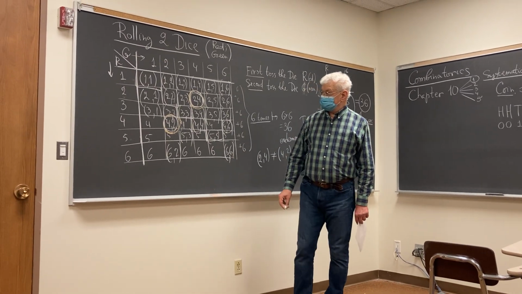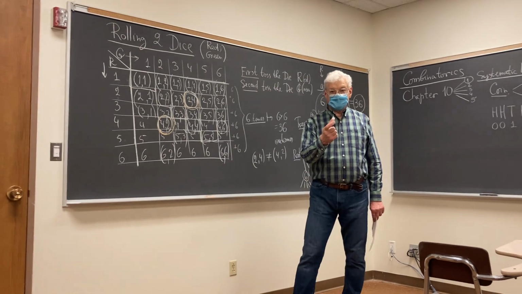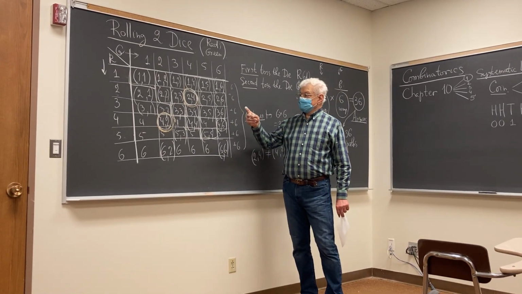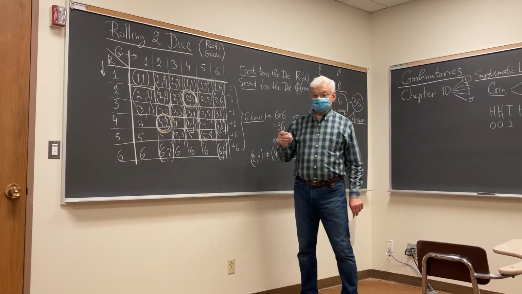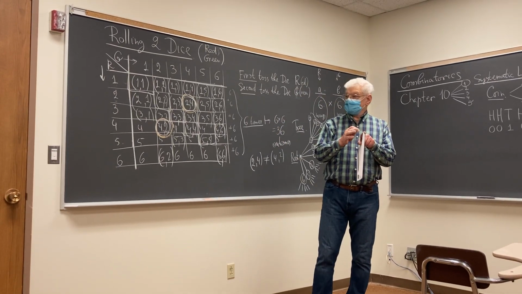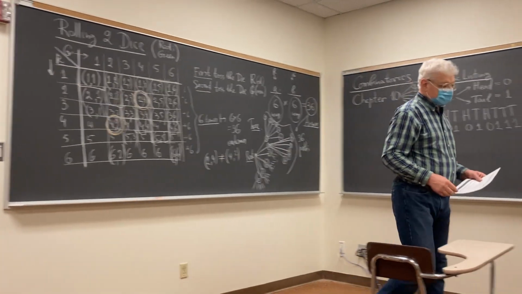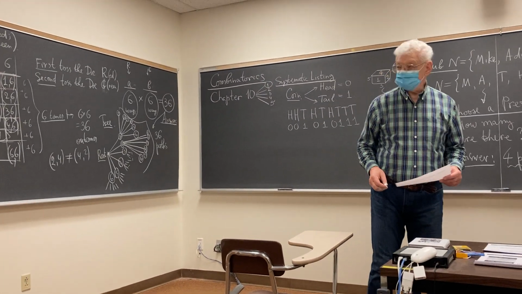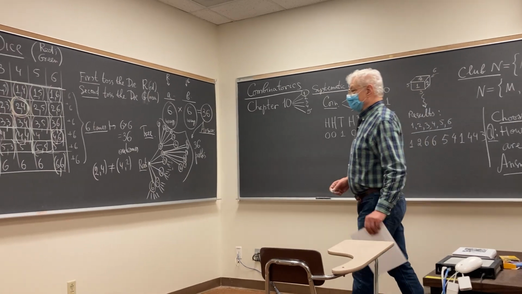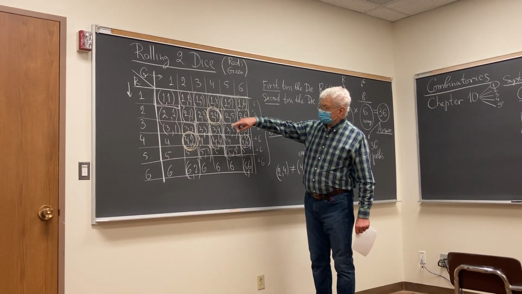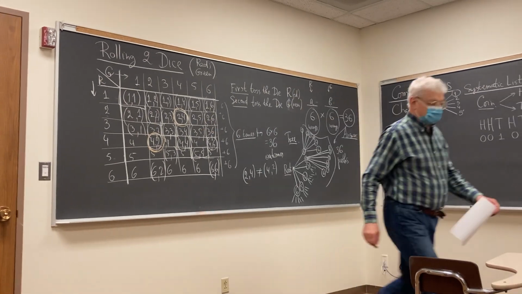And if I substitute each pair by the sum, I will know how many outcomes have each sum. 2, 3, 4. It's missed here, but I could do this a little bit later, maybe.